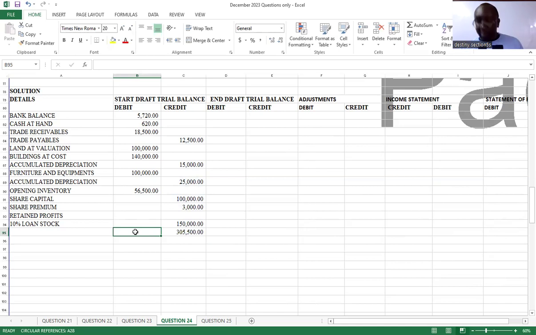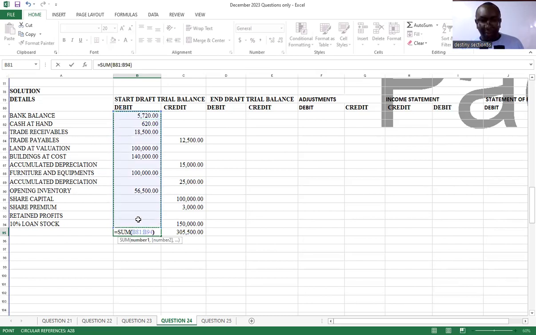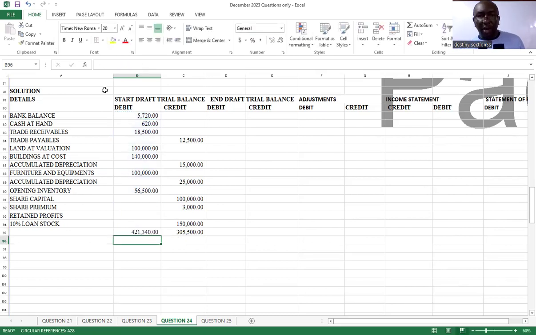Then I come here and I say this is equals to sum from here all the way to here, close the brackets, enter. So you can see it is not balancing. If it is not balancing, that means the balancing figure should be the retained earnings, and should be here.